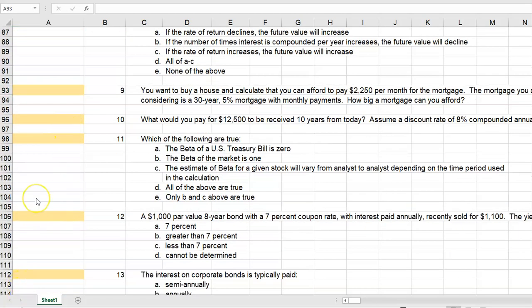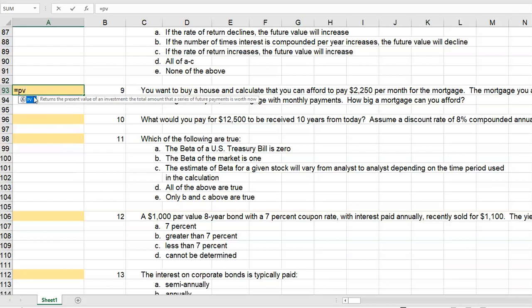All right. Okay, this mortgage problem. We worked mortgage problems in a prior class in the review, but let's do it again. How big a mortgage can you afford? That's money I would get today. How big is the mortgage? So it equals the present value. What's my mortgage rate? 5%.